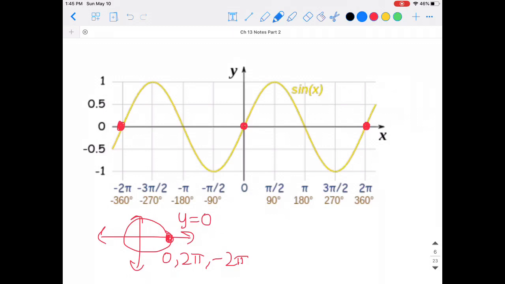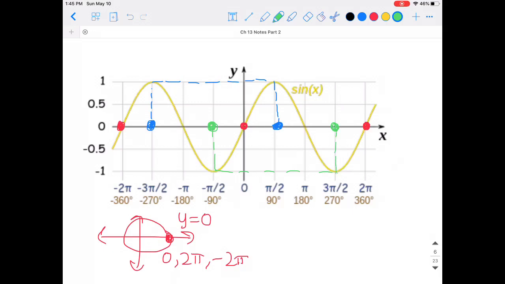Other key points, at pi over 2 and at negative 3 pi over 2, our sine value is positive 1. And at negative pi over 2 and at 3 pi over 2, our sine value is negative 1.